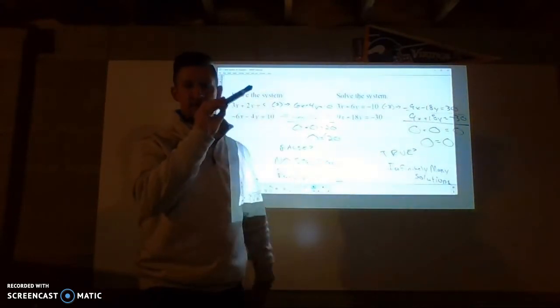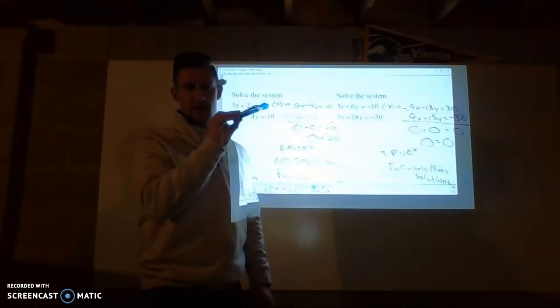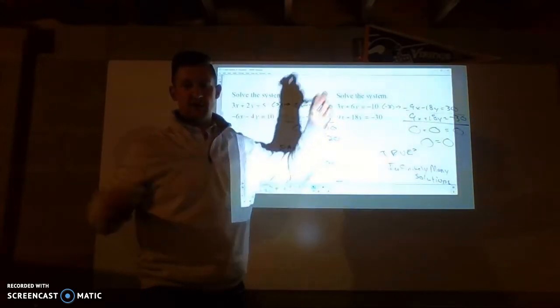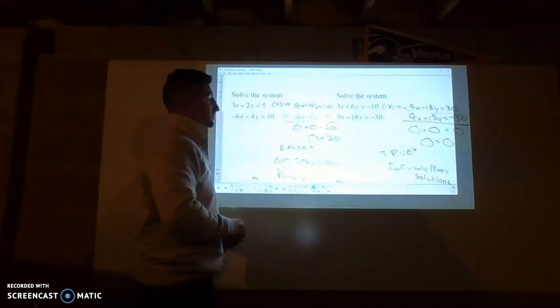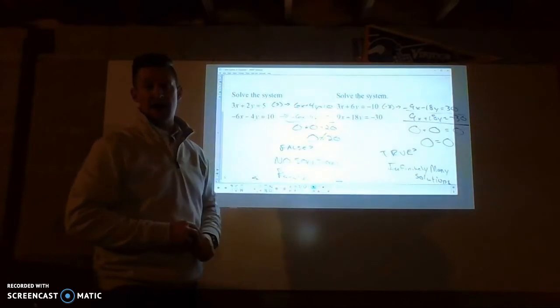So it's infinitely many solutions, because any point on one line is a point on the other line as well. There's an infinite number of solutions as the line goes off in both directions to infinity. So that's solving systems with elimination and a couple of the funky things that might happen along the way.